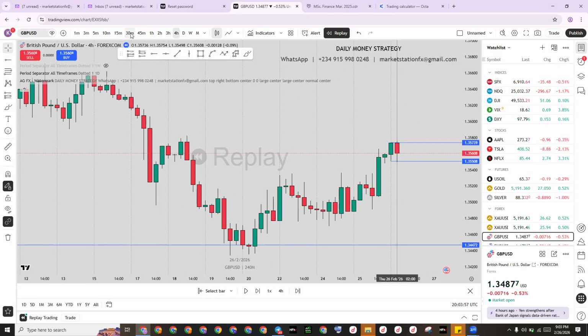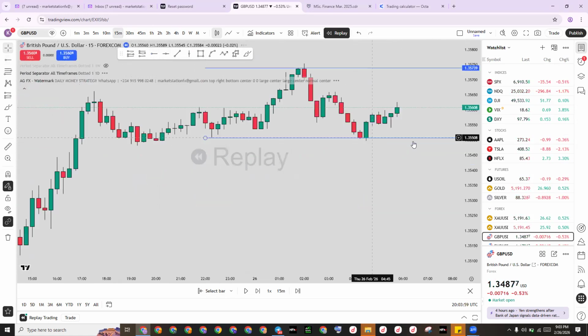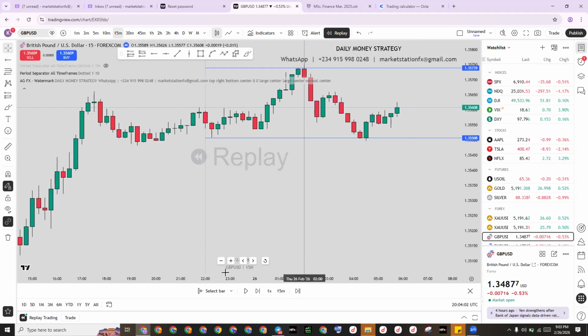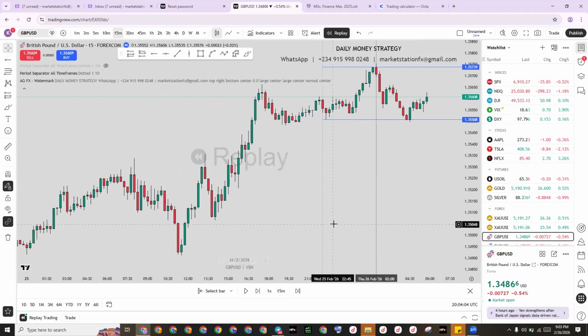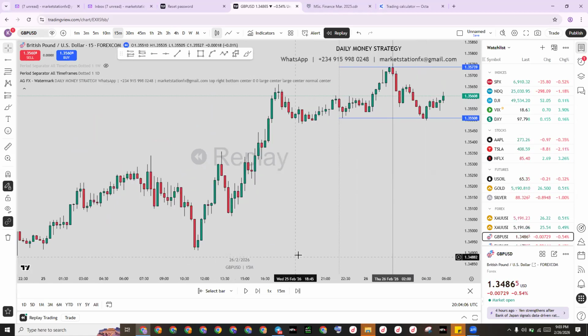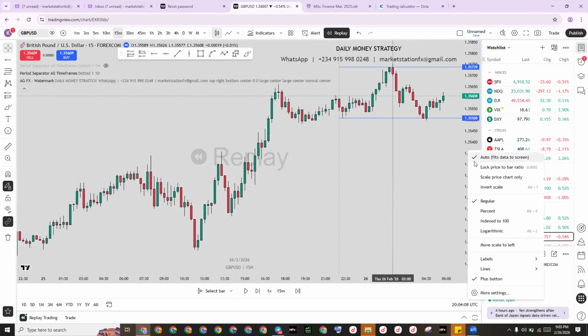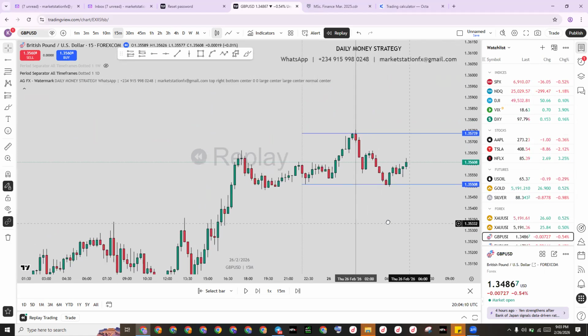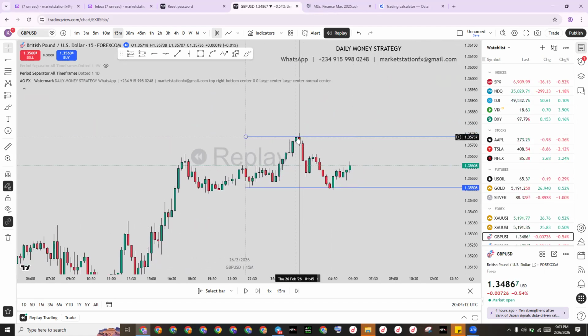So let me go to M15. Now, this is our CRT candle on the lower time frame, right? You won't imagine that somebody will be drawing a bullish order block and they want to buy.